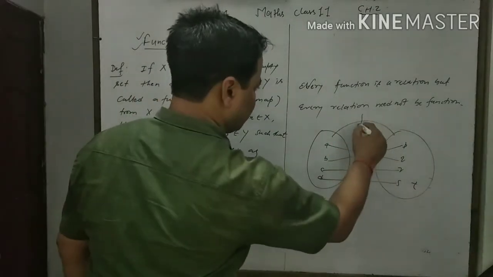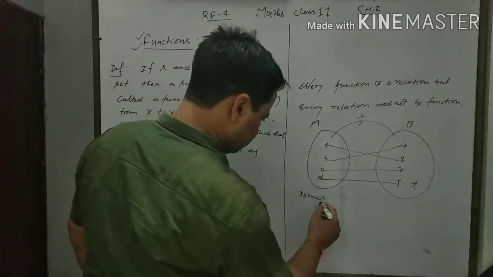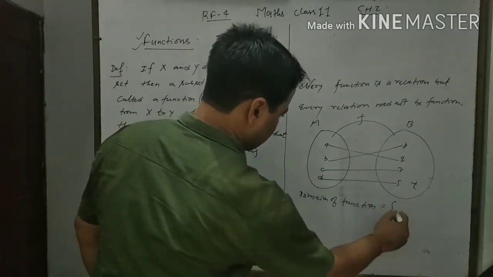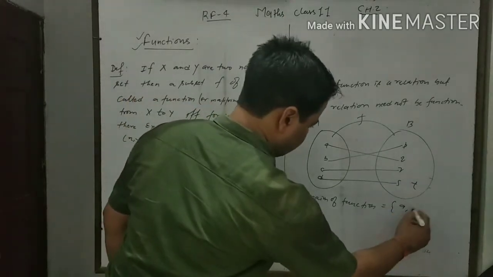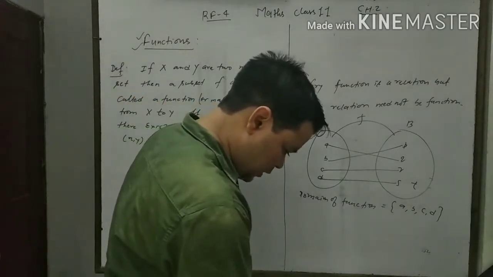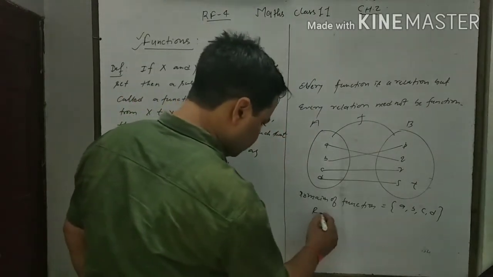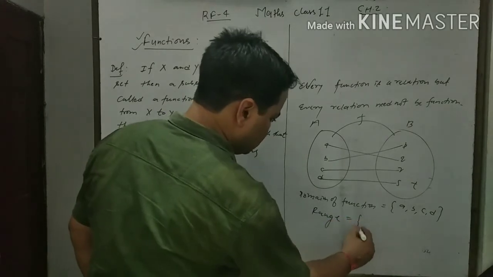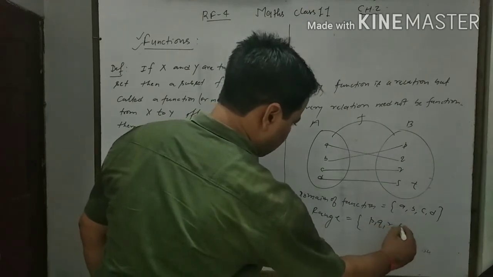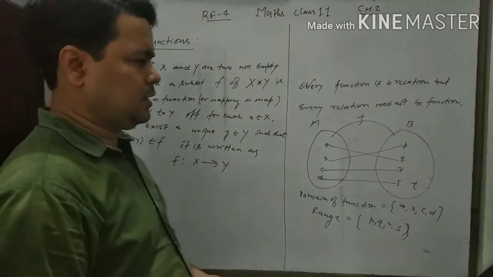Let it be defined by F, from set A to set B. Then the domain of the function is A, B, C, D. Domain of the function is A, B, C, D. The range of the function is P, Q, R and S. They are the range.